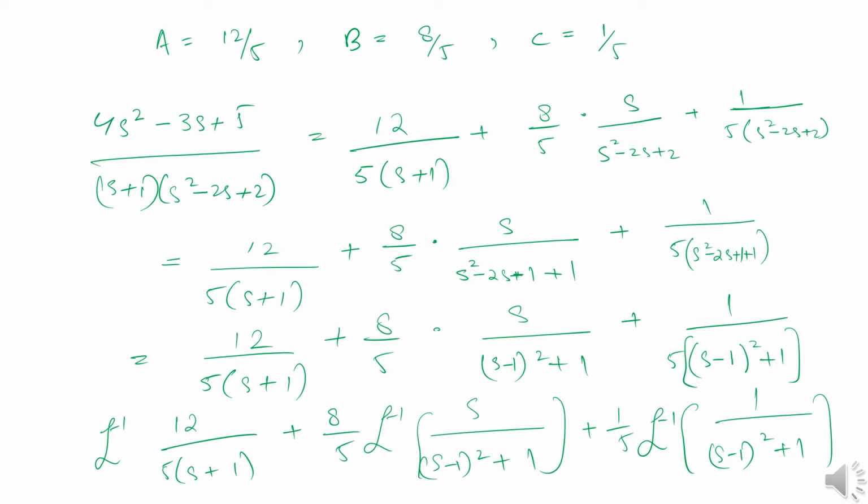We can see that this function can be transformed easily. 12 over 5 multiplied by s plus 1, and for this function, in the denominator I can see that it is s minus 1 whole squared, so I have to make it compatible in the numerator. So what I will do is add 1 and subtract 1 in the numerator.